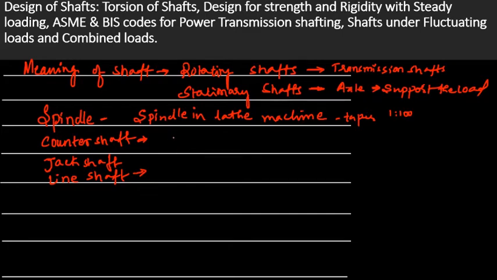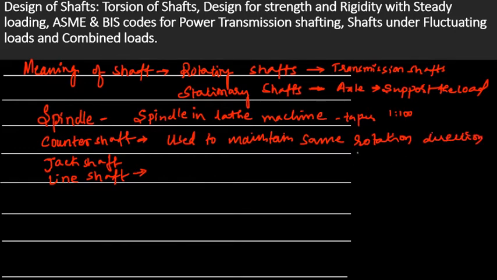Suppose you want the driver rotation clockwise and the driven rotation also clockwise, then you need to go for a counter shaft, to maintain the same rotation direction between driver and driven.